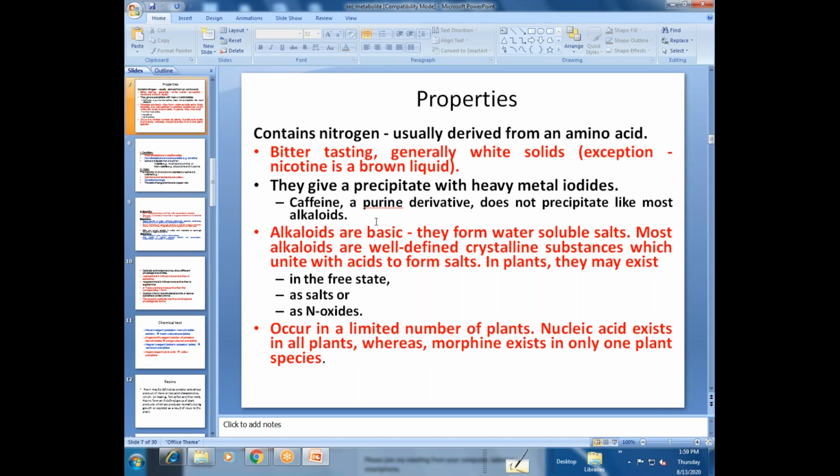In inorganic chemistry, you would have studied opalescence, precipitate, and turbidity. Opalescence means what? What is opalescence?